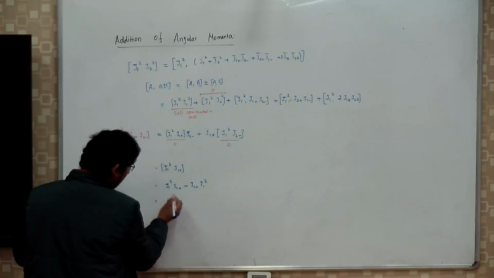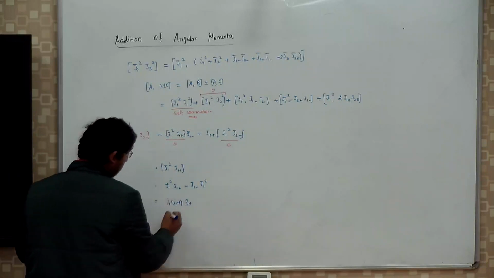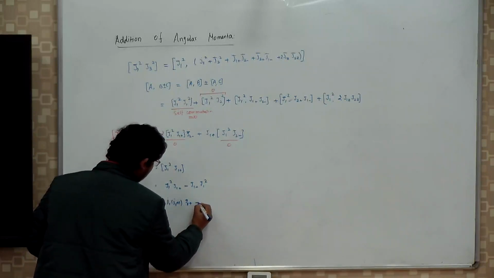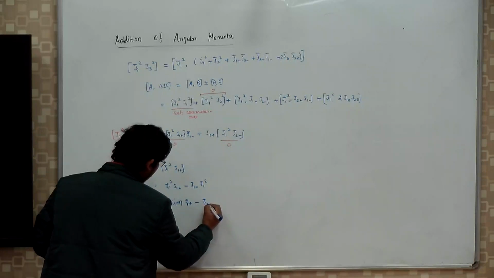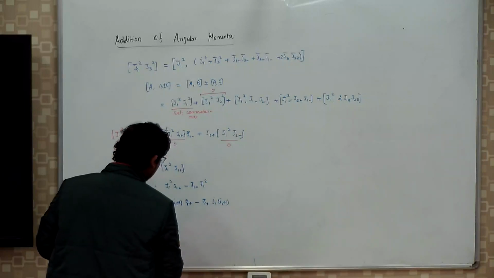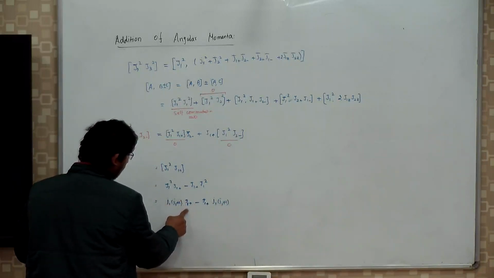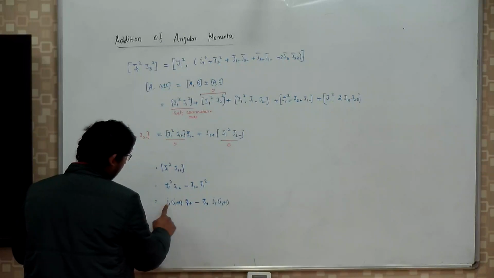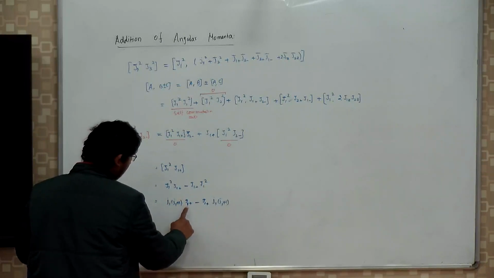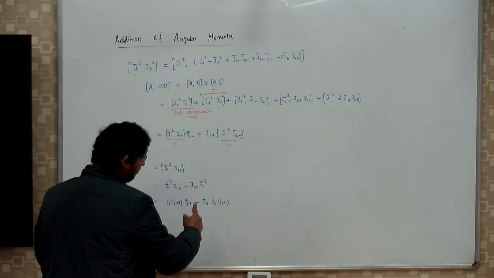It is again purely a number and commutes with the non-Hermitian operator, minus J1 plus J1 of J1 plus 1. So this may be the vector value and this is a number. Multiplying any number with a vector is the same as multiplying a vector with a number.